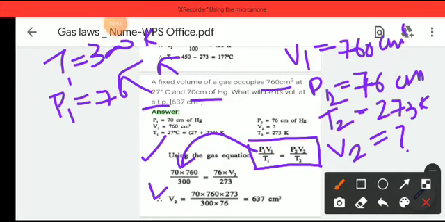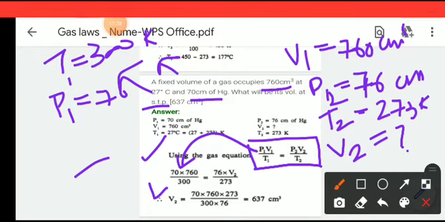So for doing the numericals, point number 1 is you have to read the question twice so that you get all the information given in the numerical question itself. Then jot down the values that have been given. Then according to that, you use the requisite equation. I have taken these 3 questions because in question number 1 we used Boyle's law, in question number 2 we used Charles law, and in question number 3, the last one, we used the combined gas law equation.